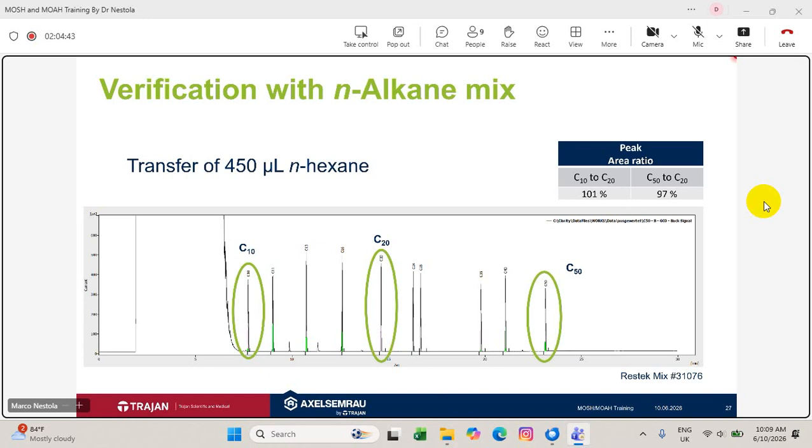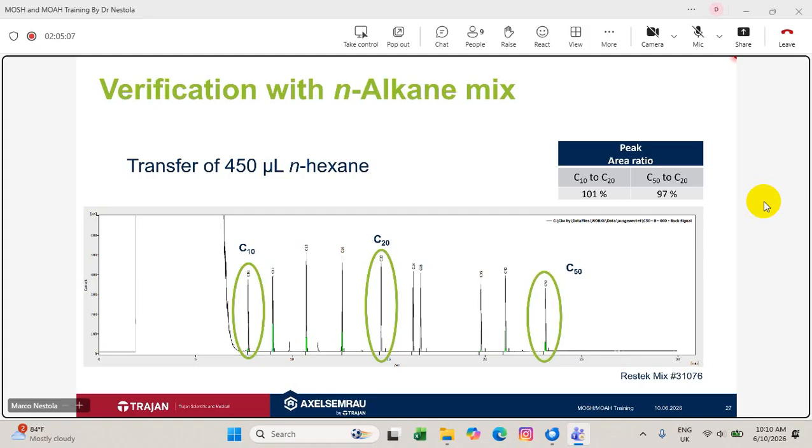Not sure if we learn that today, but typically you are injecting a standard for this chromatogram. And it is very complicated to get that standard into solution, because C50 is a hydrocarbon that is not soluble anymore in hexane.